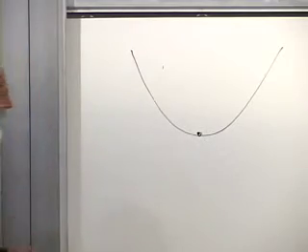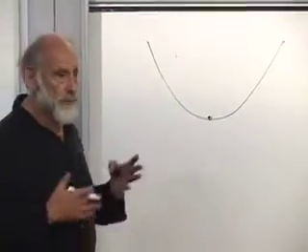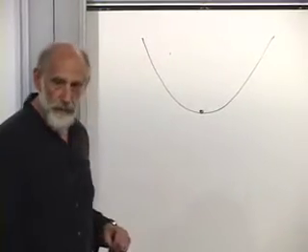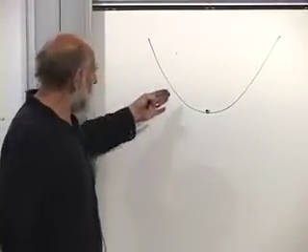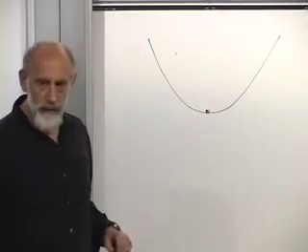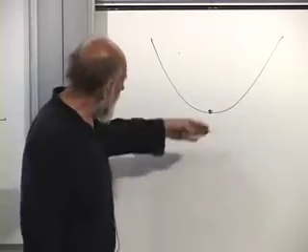So I don't care what the problem is. There's some problem in which there's a potential energy function and the potential energy has a minimum. A typical function which has a minimum, near that minimum will look like a parabola.